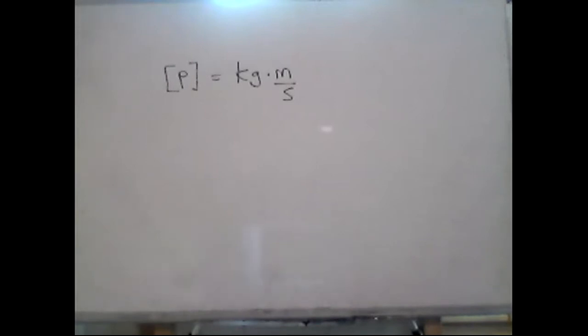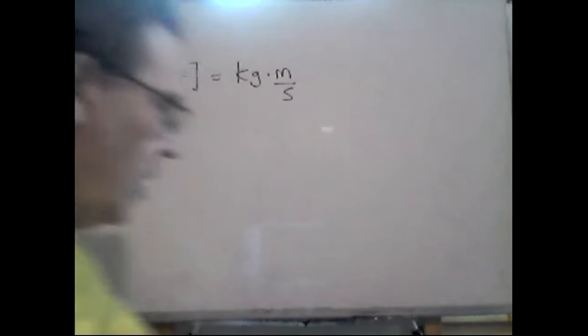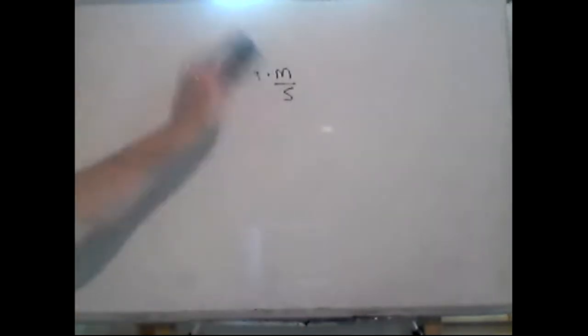Query 4. Let me ask you this, guys. You guys listening? Under what condition is momentum conserved in the system? What's the only restriction you have for momentum conservation? Remember? Anybody? So for query 4, it's very important.